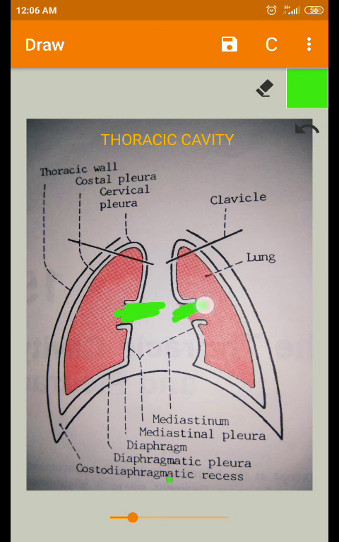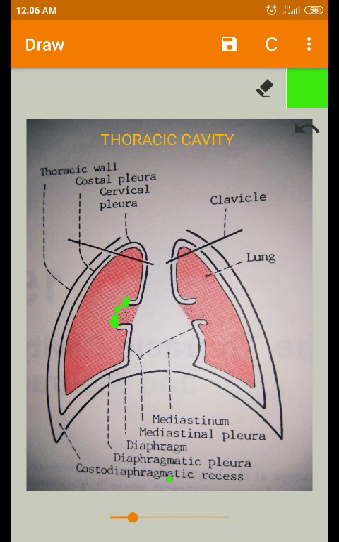So this is called the hilum of the lung. At the hilum of the lung, if you can see, these two layers are attached here. So these two layers are continuous with each other around the hilum of the lung.